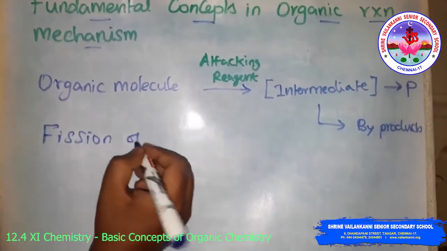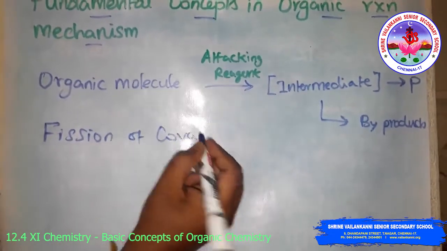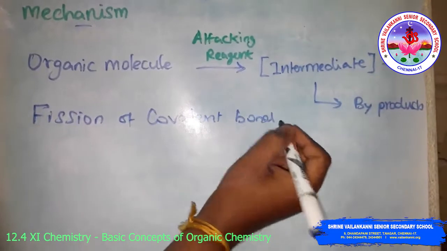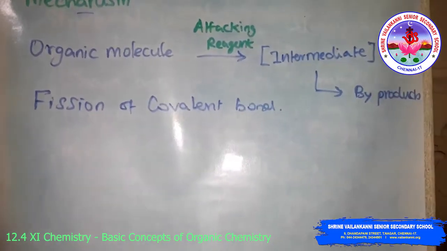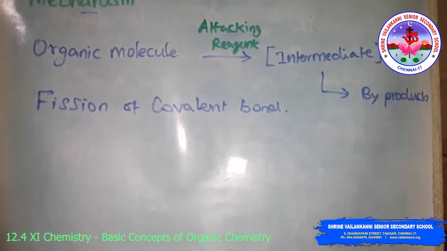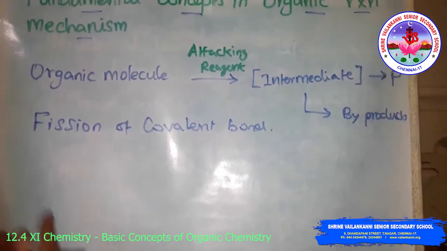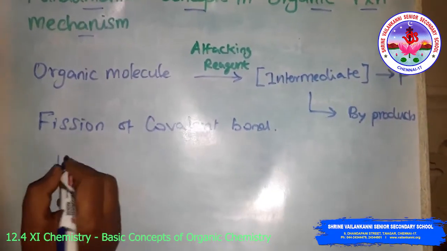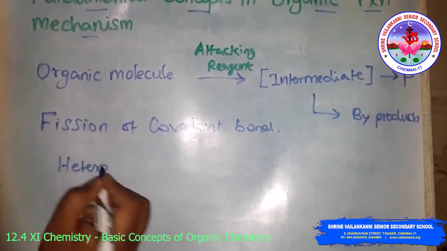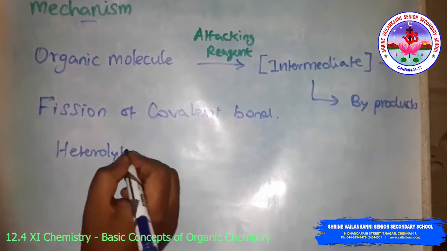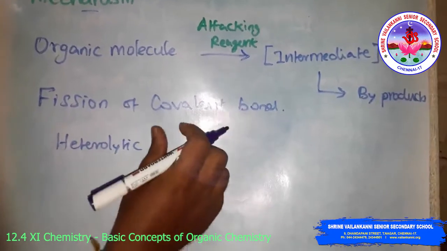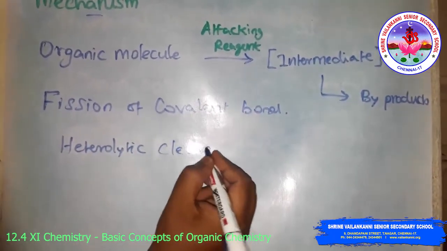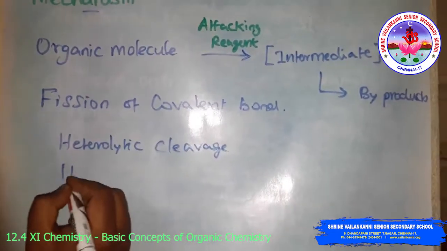Usually the covalent bond gets cleaved either by homolytic cleavage or heterolytic cleavage. First heterolytic cleavage, then homolytic cleavage.